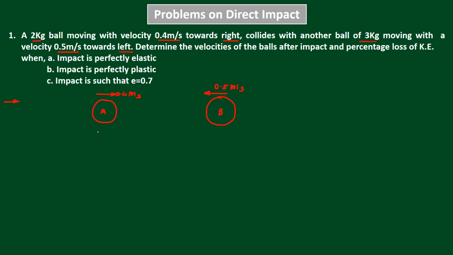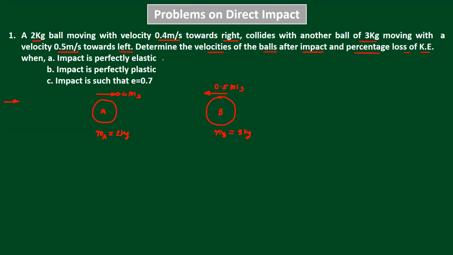The mass of A is 2 kg and the mass of B is 3 kg. We have to determine the velocities of the balls after the impact and the percentage loss of kinetic energy.